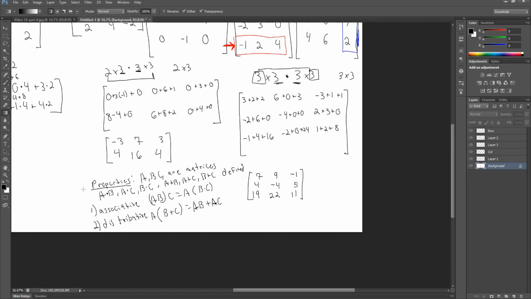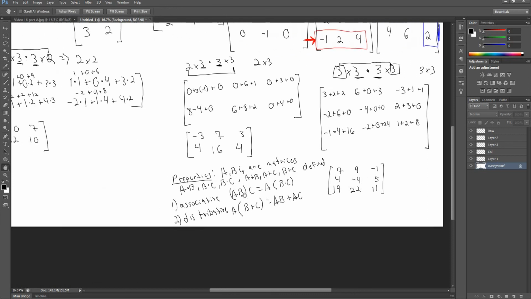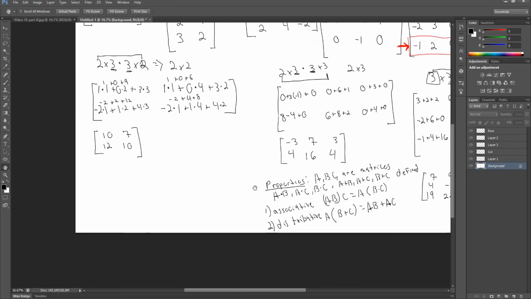I'm going to walk through those super quick. For the associative, if I had a 2 by 3 times a 3 by 2, then times a 2 by 2, 2 by 2 is fine.